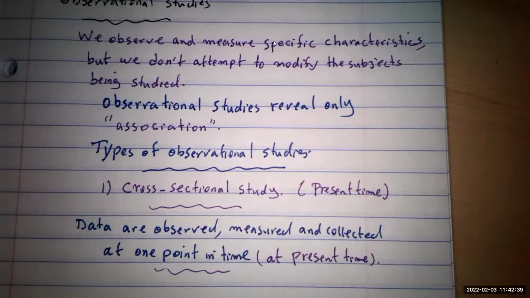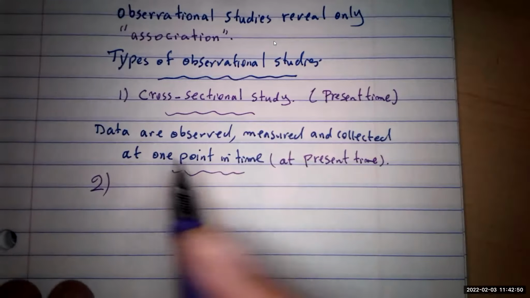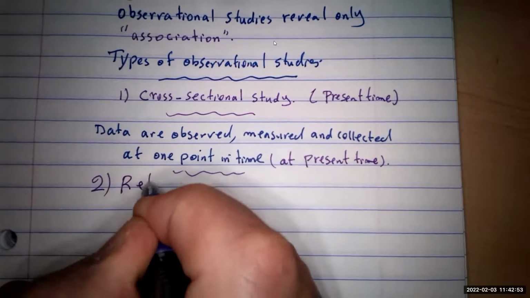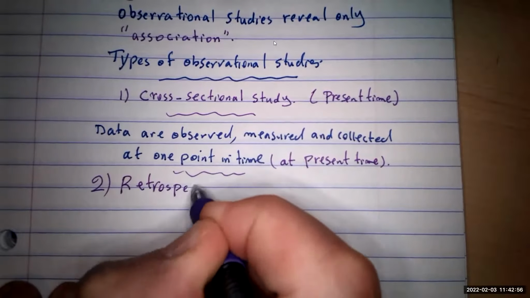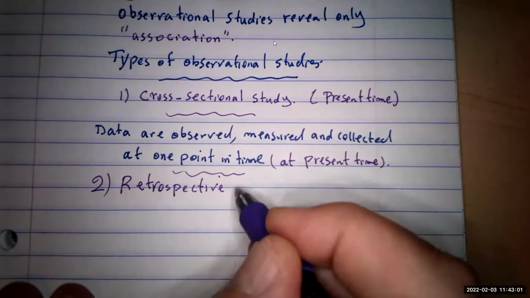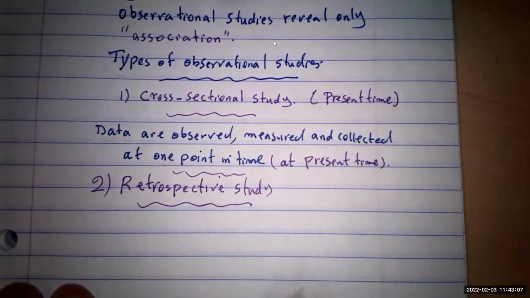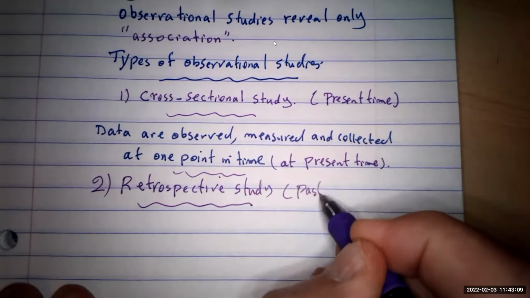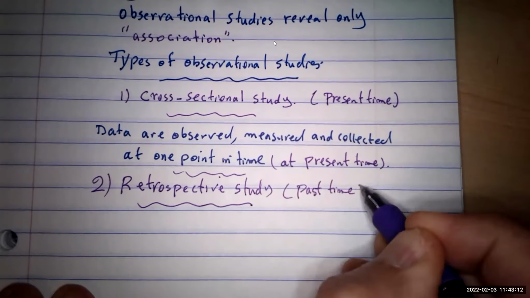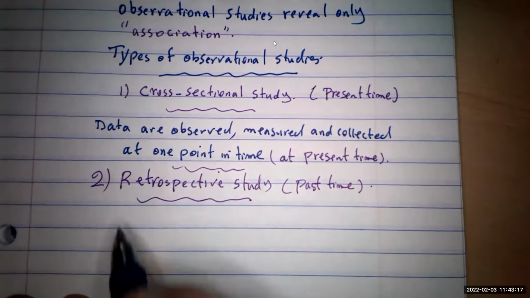Okay, any question? If your information belongs to the past, it's retrospective. Retro means past. So, retrospective study. This is going to be past time. You collect the data from the past.